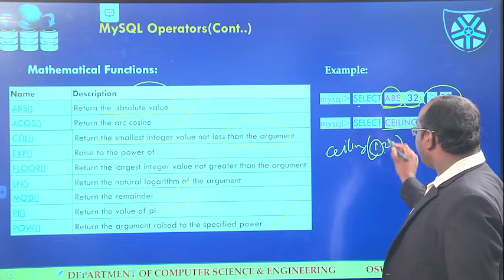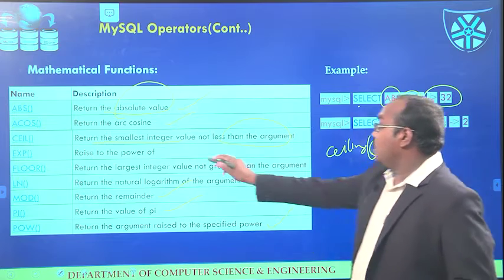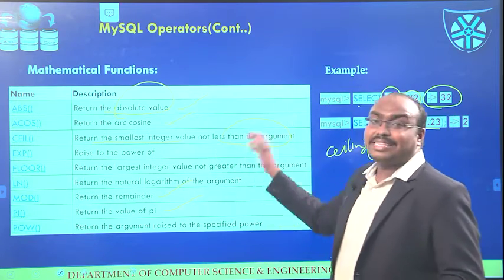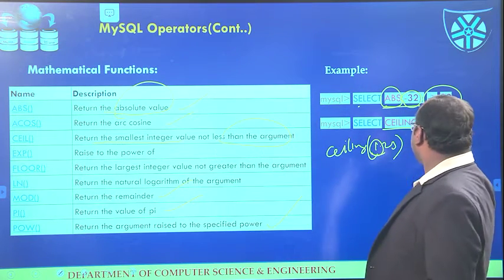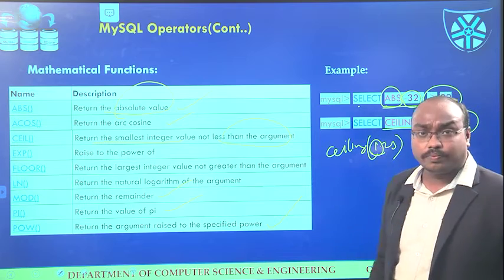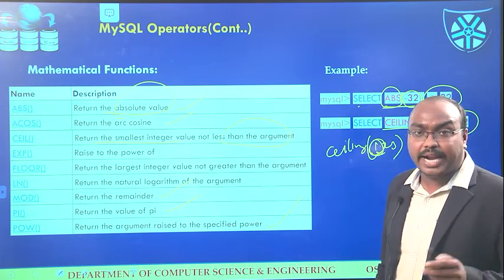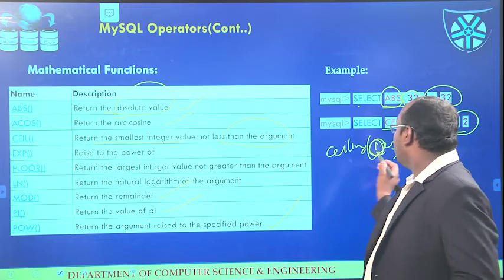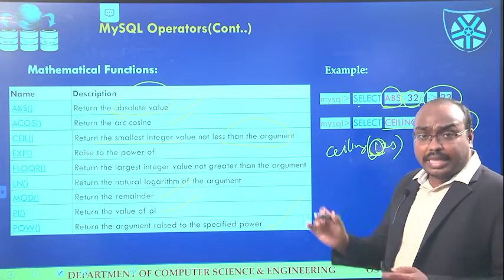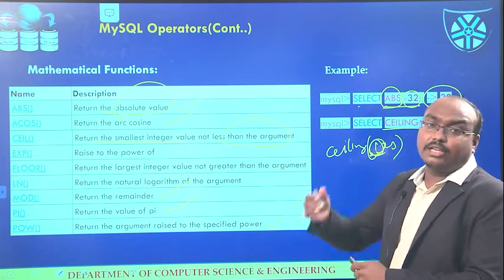Here the integer value not less than that argument, so it will return the value 2.